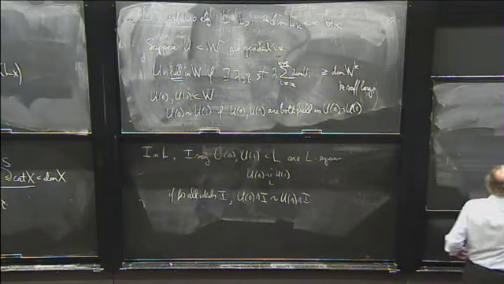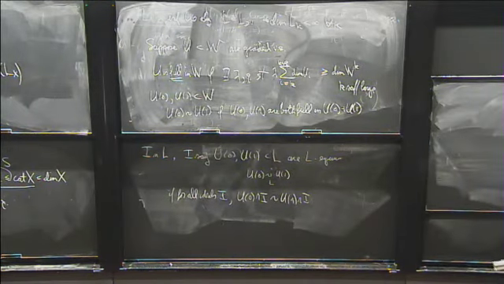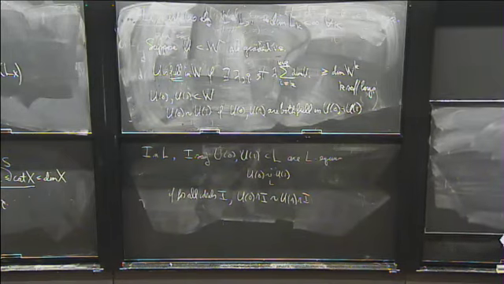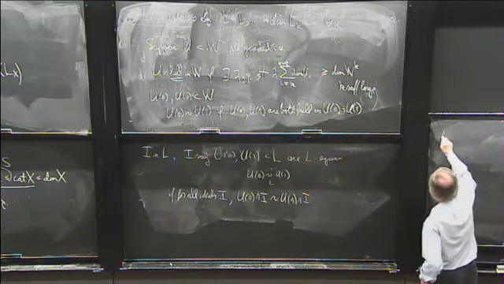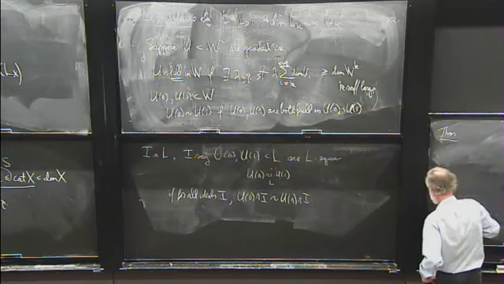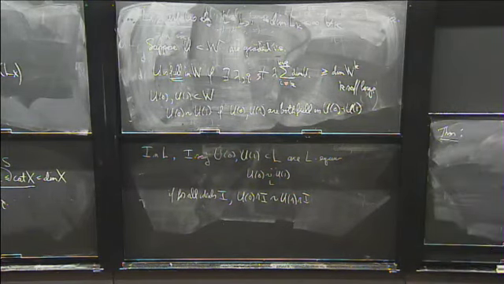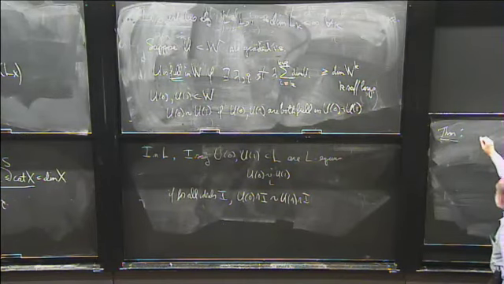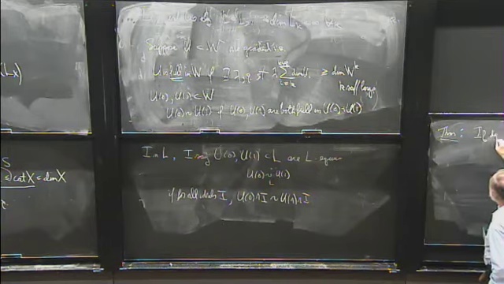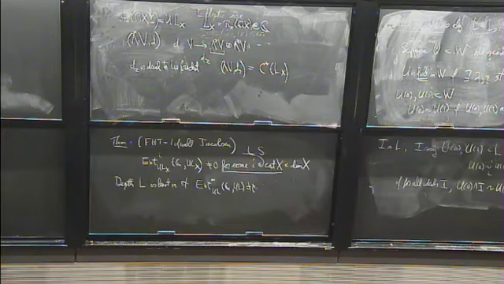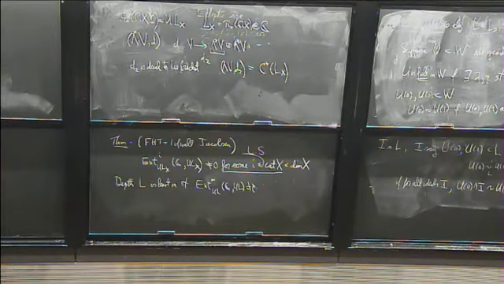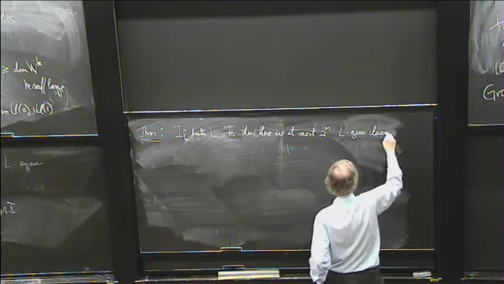And then comes the theorem. If depth L equals m, then there are at most 2 to the m L-equivalence classes of ideals.